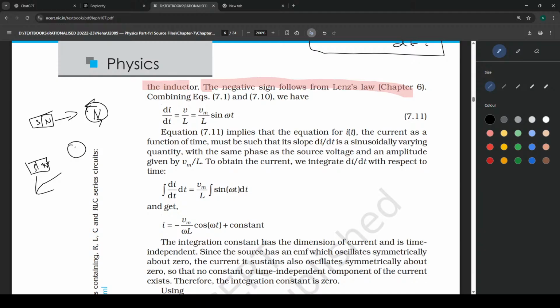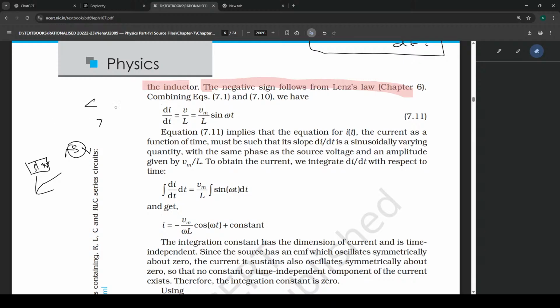That can be done by producing a south pole here, and to produce a south pole the current should be in the clockwise direction. That's about Lenz's law. Let's not go too much into it. And the minus sign comes from Lenz's law basically.